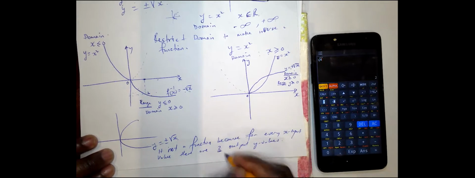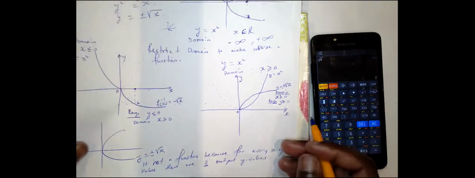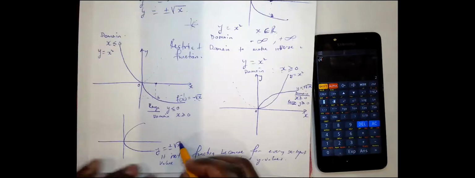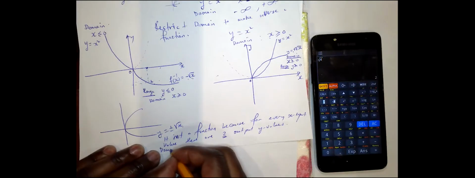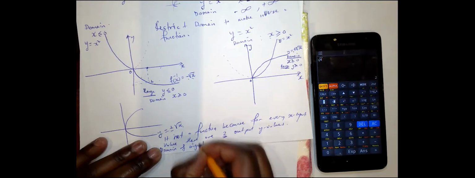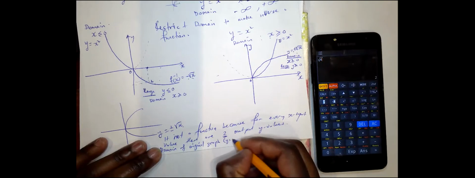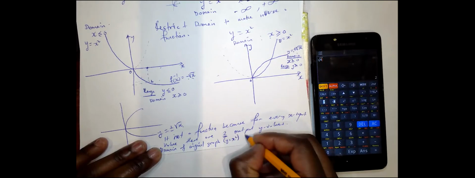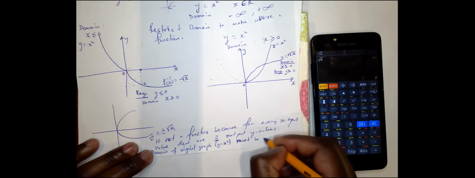Okay, so we need only one output. In this case, there are 2 output values, so it needs to be restricted. So the domain of the original graph y equals x squared must be restricted.